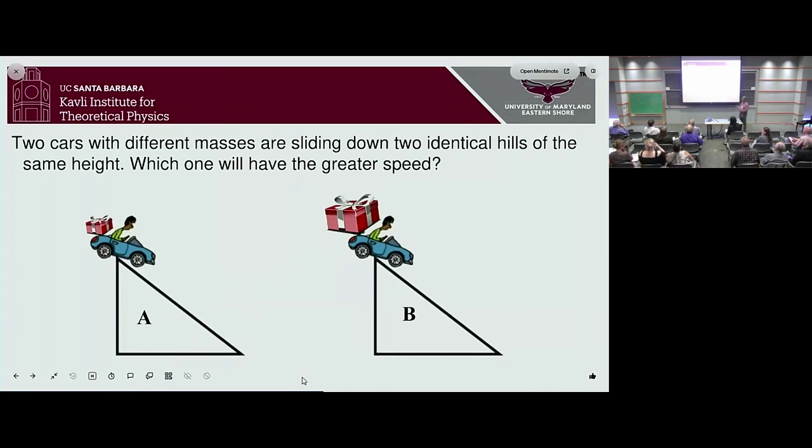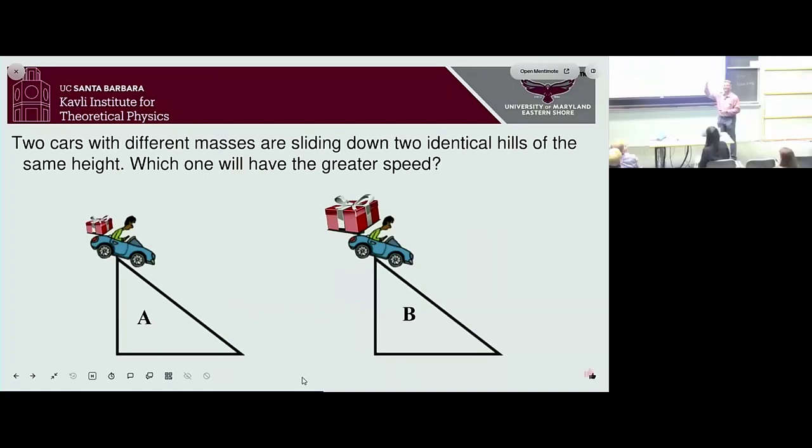So that was not your fault. That was because the image was not there. I accept that. So the next problem: two cars with different masses are sliding down inclined hills, identical hills of the same height. Which one will have the greater speed?